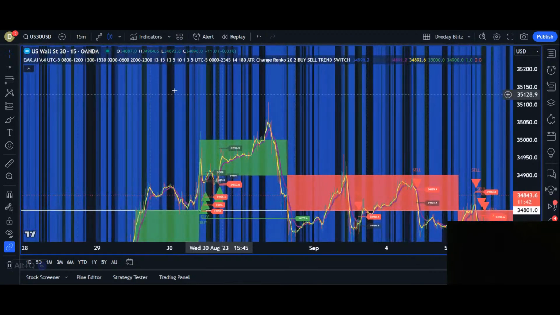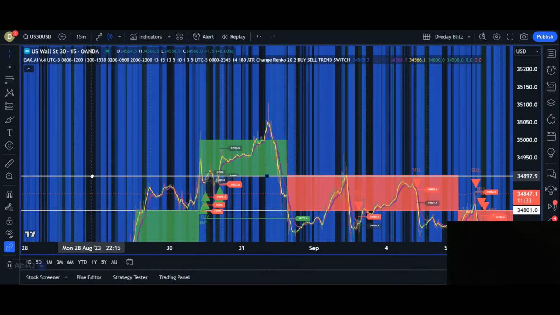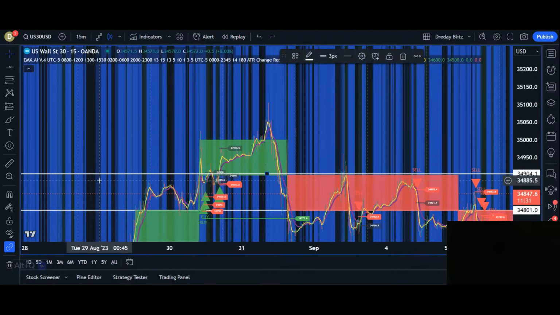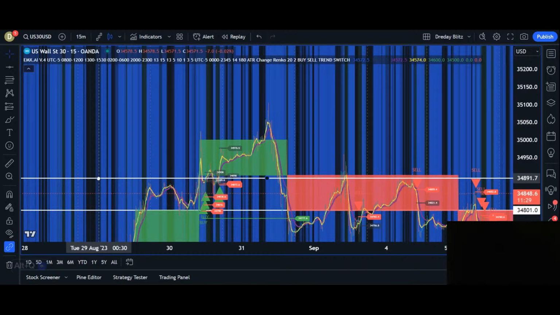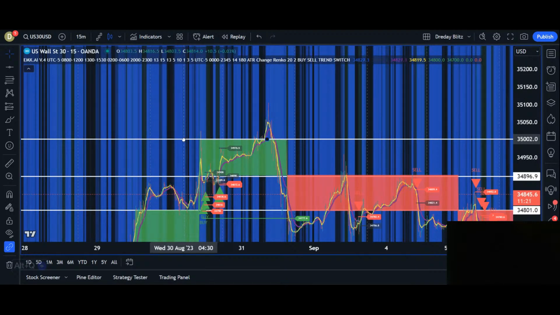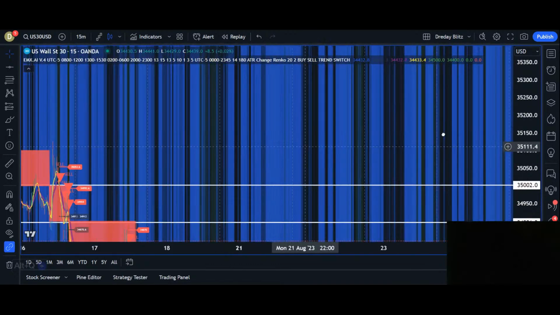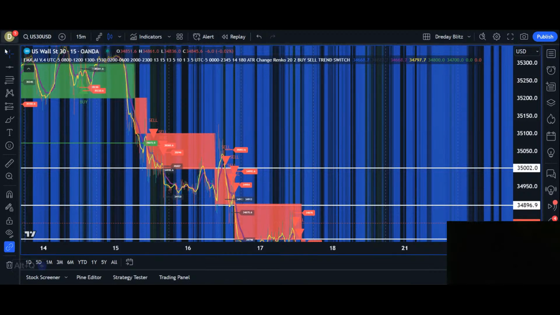So you just have to plot your next zones that you know the price will go. Boom, boom. Now there's another one here.